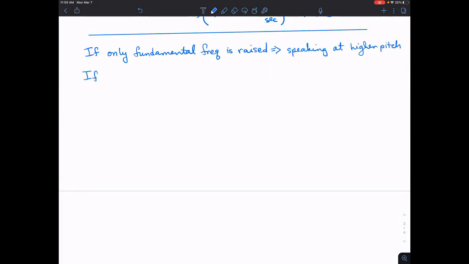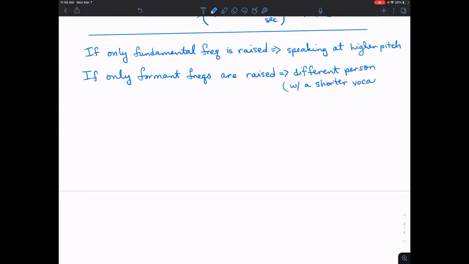Okay. If only the formant frequencies are raised, it would sound like the same pitch as the original, but it sounds like a different person, right? With a shorter vocal tract. So, for example, a woman or a child, if you started with a man's voice.